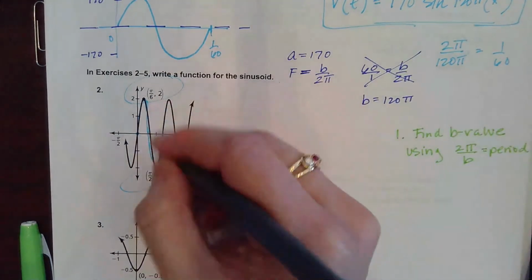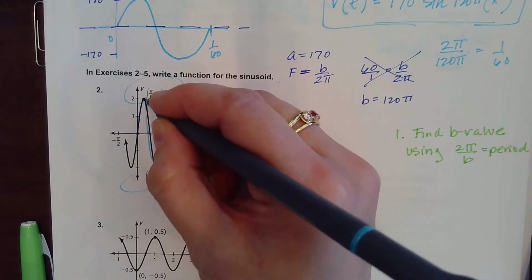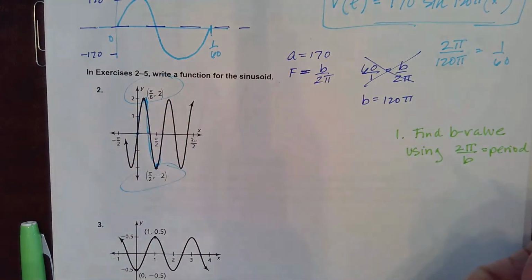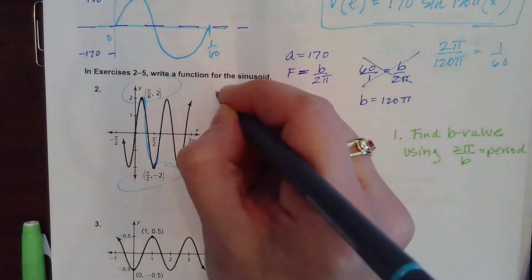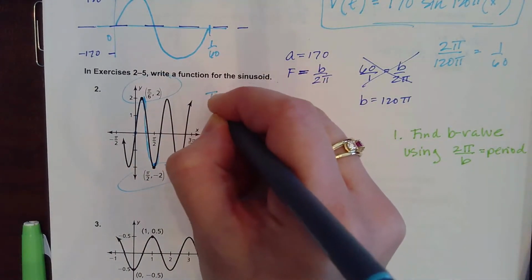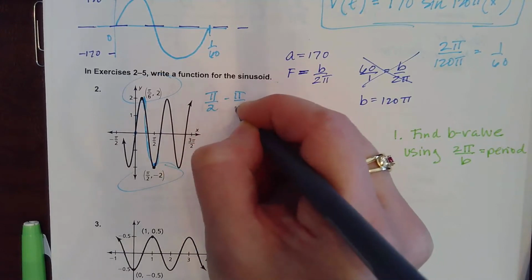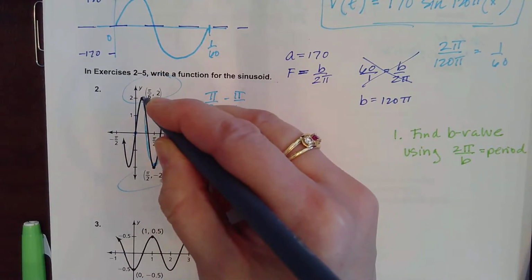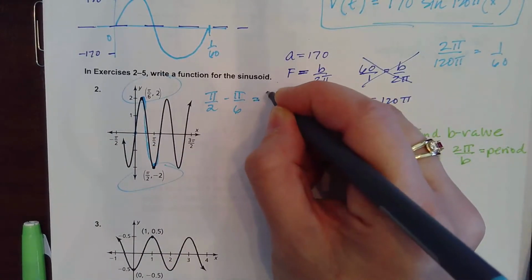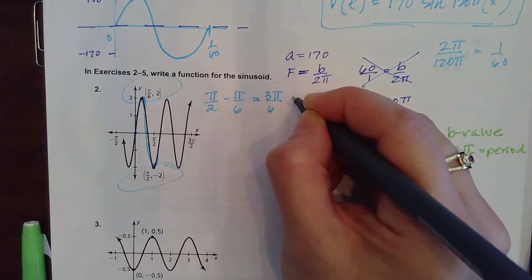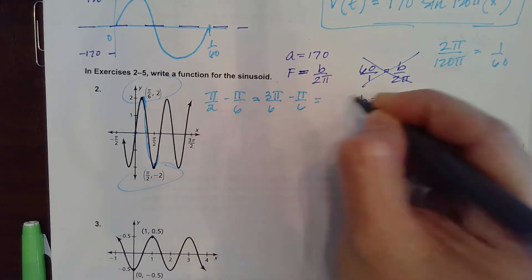So I'm going to figure out the distance on my x-axis. Remember, we're talking about the period, which is your x-axis. So I'm going to take my x values and subtract them, figuring out the distance on my x-axis from this max to this min. So I'm going to take pi over 2 and subtract pi over 6. All I'm doing here is finding a common denominator.